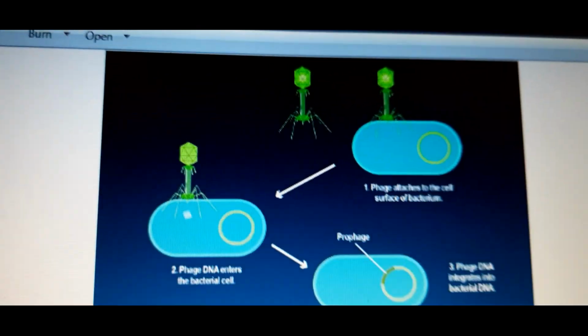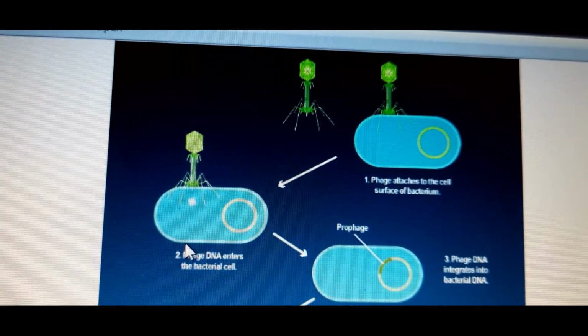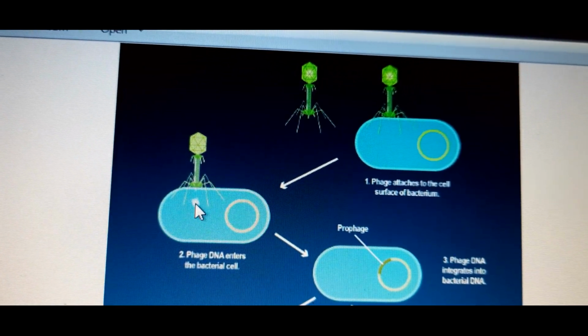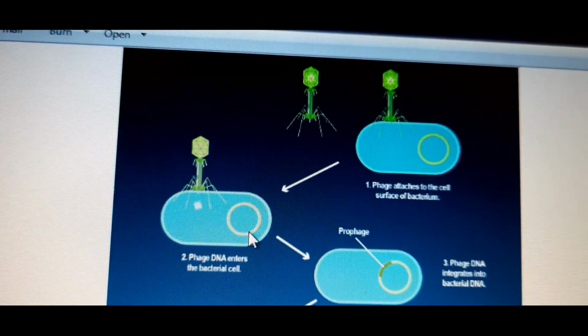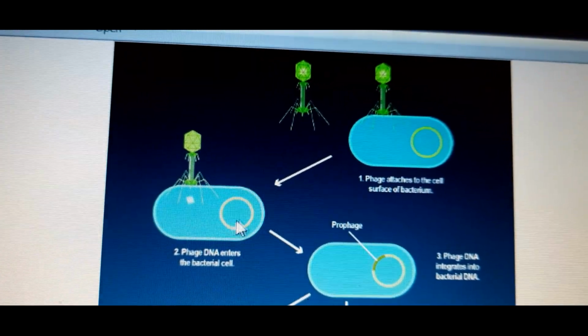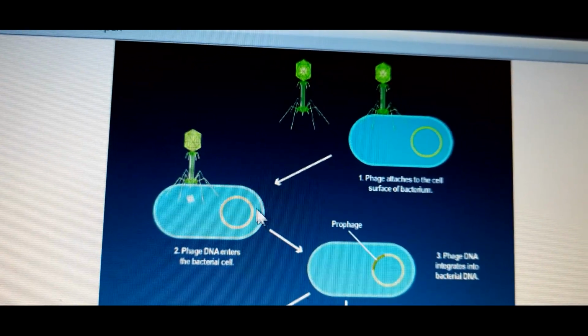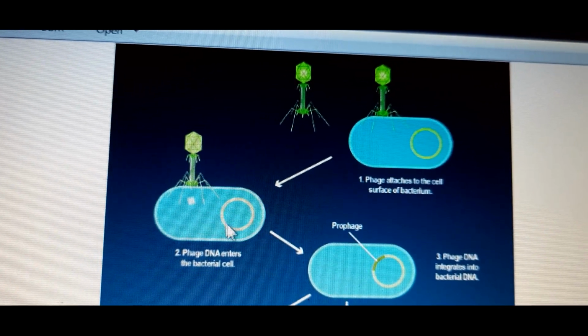And it has injected its DNA here, into this blue colored bacterium. And this bacterium has its own circular DNA. This is its circular DNA.